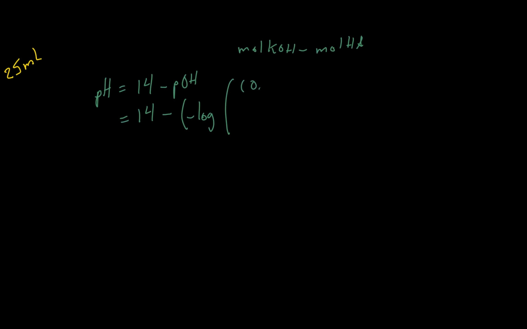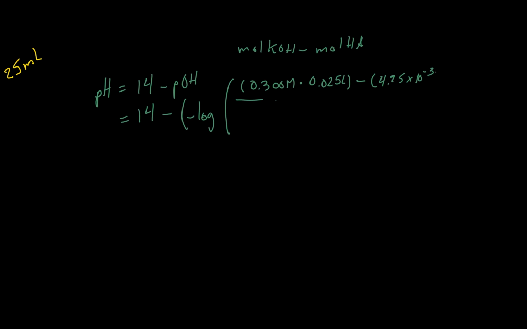So 0.3 molar times, and now we've got 25 milliliters, so that's going to be 0.025 liters, just like that. Okay, and we're subtracting the moles of acid, which is again 4.95 times 10 to the negative 3.